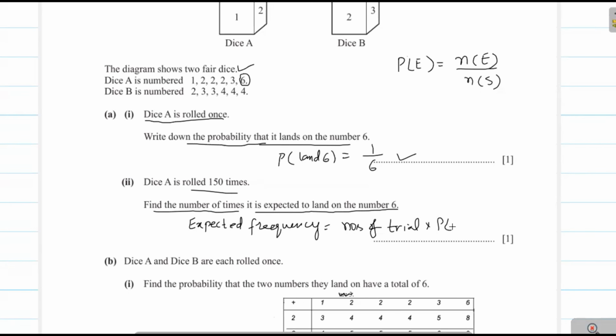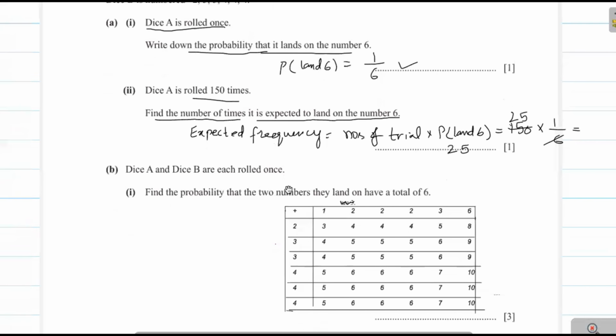Here the number of trials the dice A is rolled is 150 times, and the probability of landing 6 is 1 over 6. Therefore 150 divided by 6: 6 times 2 is 12, 6 times 5 is 30, and 25 is the expected frequency. Now the part B.